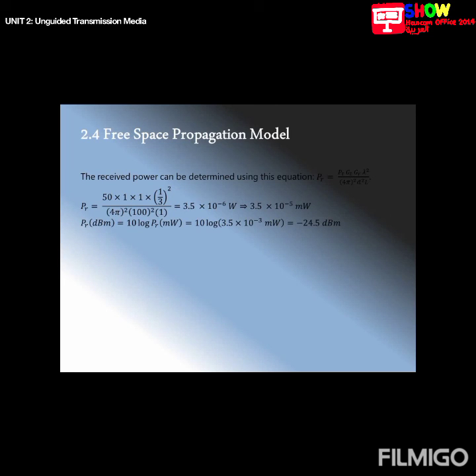Then Pr in dBm equals 10 log of Pr in milliwatts, 10 log of 3.5 times 10 to the power of minus 3 milliwatts, which equals minus 24.5 dBm.